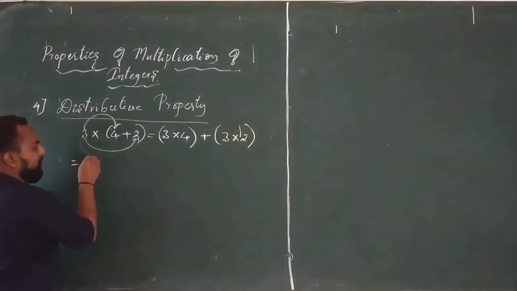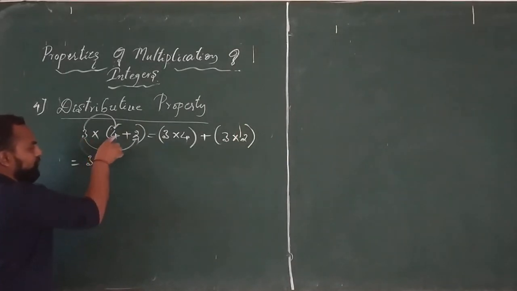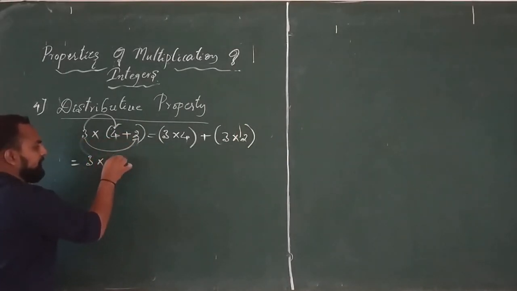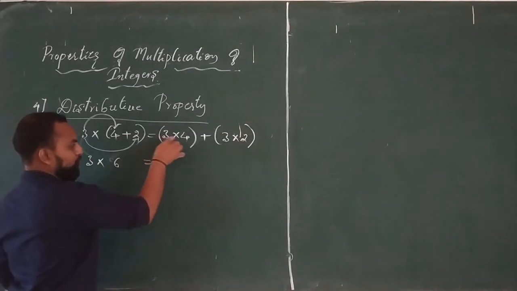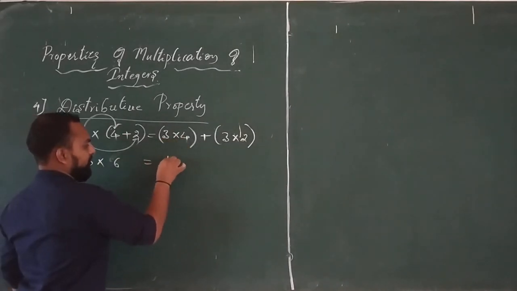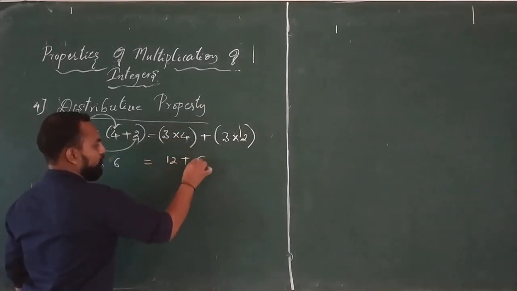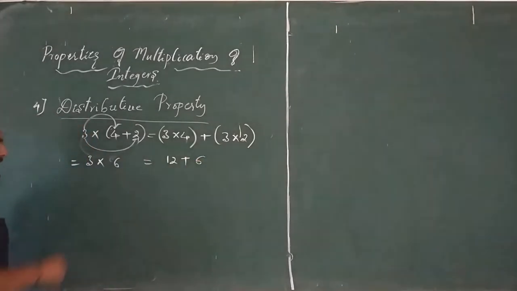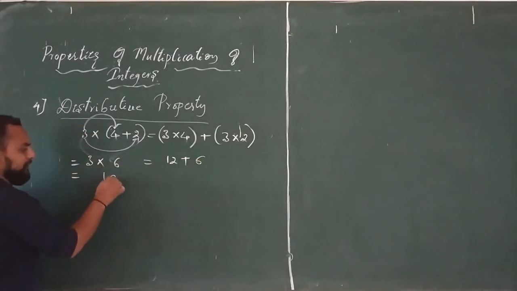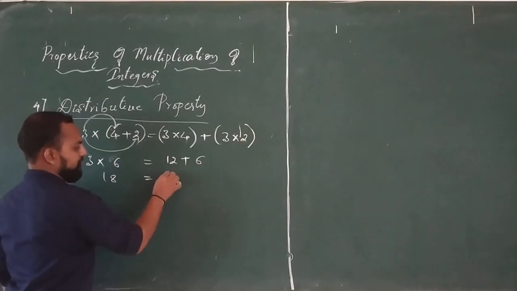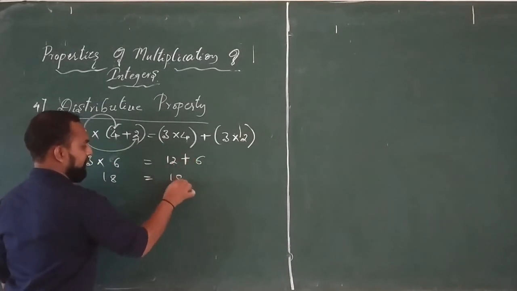Here 3 into 4 plus 2 is 3 into 6, which is 18. And 3 into 4 is 12, plus 3 into 2 is 6, and 12 plus 6 is 18.